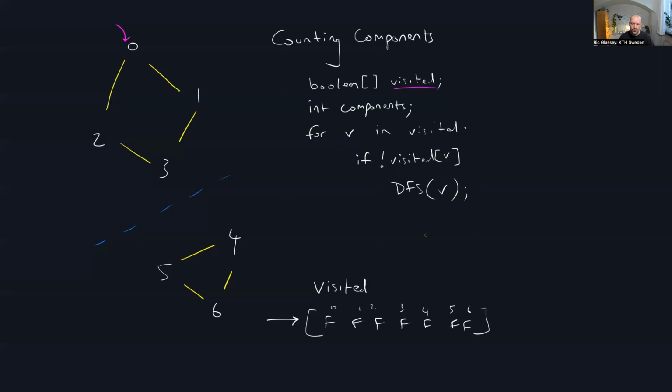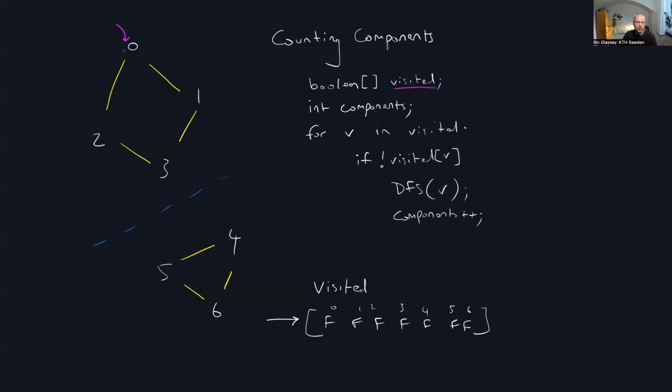Crucially, once this traversal completes, then we know we have discovered a component, so we can add a count. So we can simply say components plus one. Now that might seem a bit magical, but let's try to traverse through.